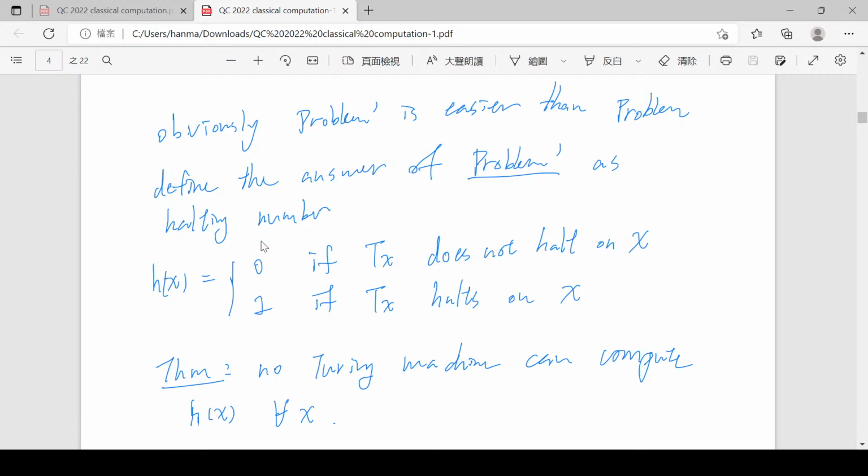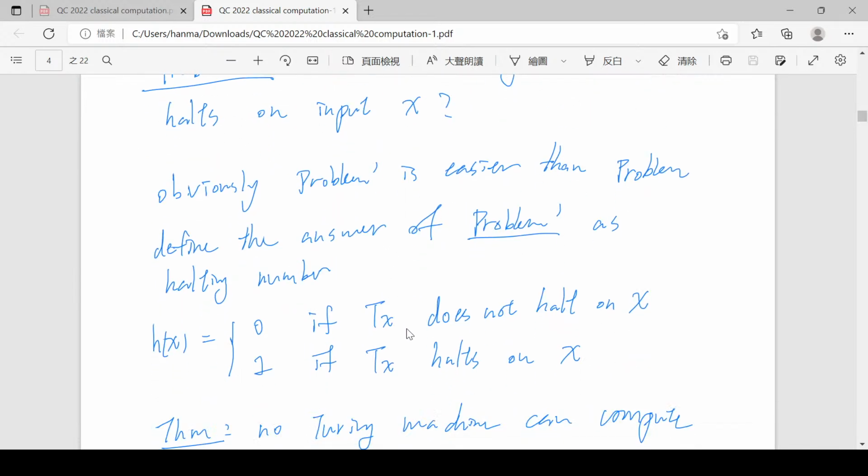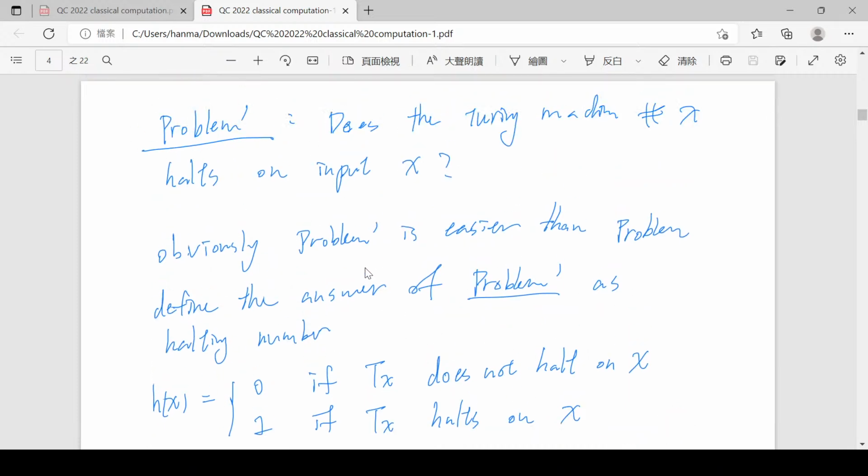So we define this halting number h of x as whether this problem prime is solved as yes or no. Yes is output as 1. So h of x equals 1 if the answer to this question is yes, it halts.